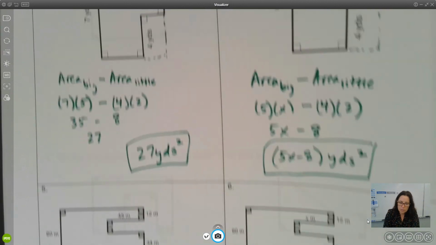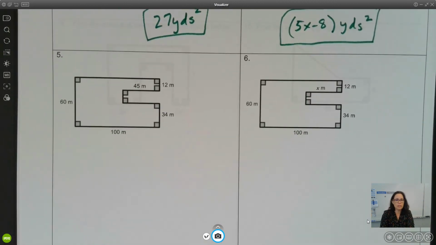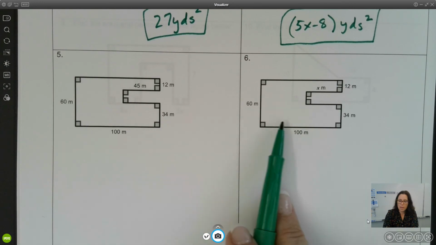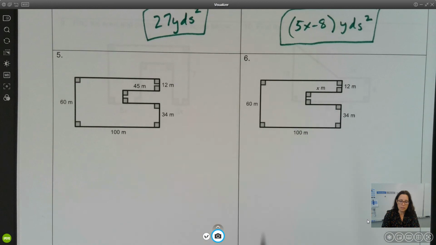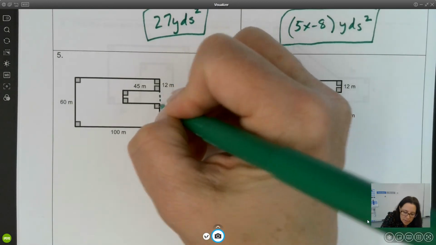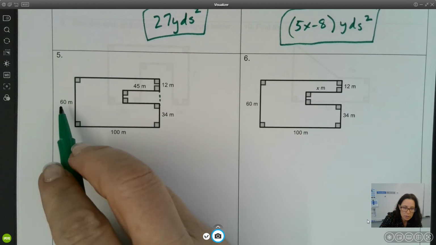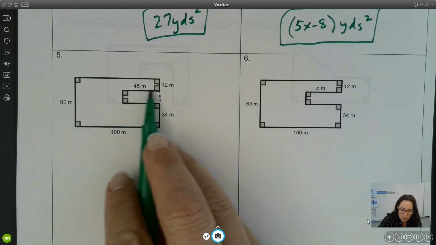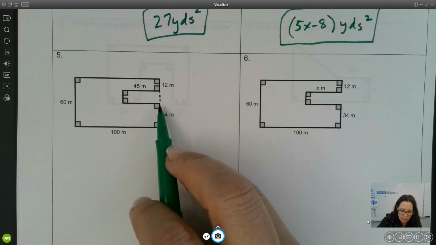Okay, let's get into the same idea down here, all numeric, and then bringing on an x. Again, I'm looking at this entire thing, 100 by 60, and then I'm looking at this 45 by something.